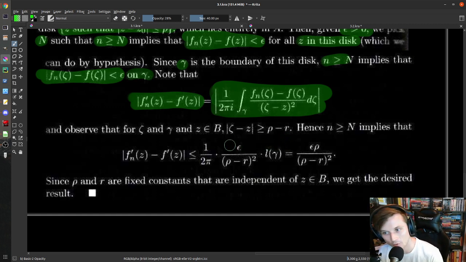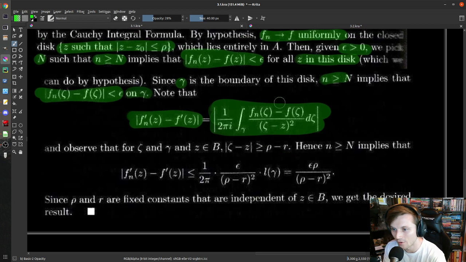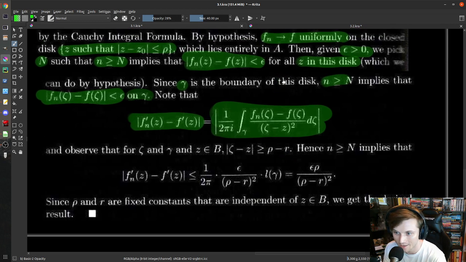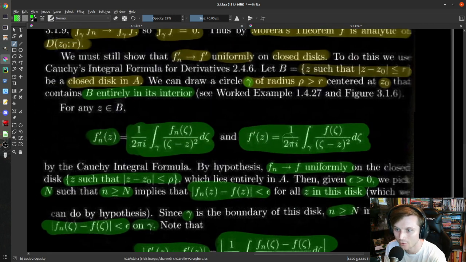What does that mean? The modulus of zeta minus z is greater than or equal to rho minus r. We have to go back and look at rhos and r's. Rho is the radius of the circle gamma. It's a little bit bigger than r. Now everything in this little disk is within r of z naught.